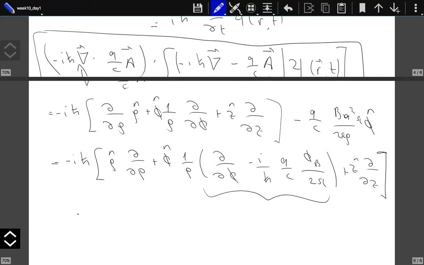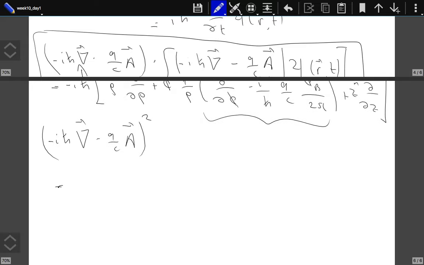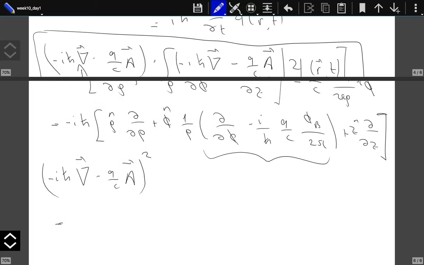And hence, since that is just a constant, I will just say minus i h bar gradient minus q over c a, squared. Of course you can just take this expression and take the square of it, but just keep in mind that the derivatives with respect to phi of one of these factors will take the derivative of the phi hat vector also. So you can either do that or just look up the expression for the Laplacian in cylindrical coordinates.